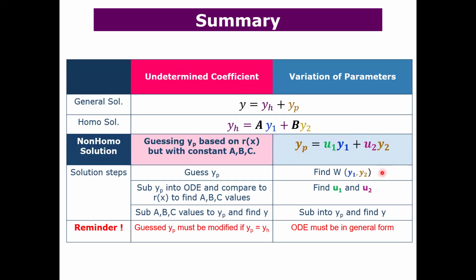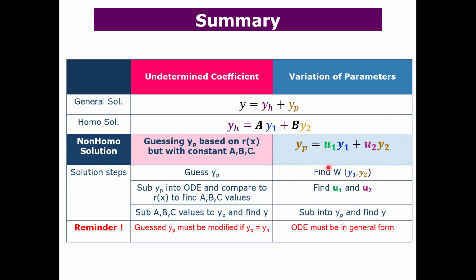For the variation of parameters method, a specific equation for yp is already there, so we don't have to guess. This is a specified equation: yp equals u1 y1 plus u2 y2. The first step to solve the ODE using this method is to find the Wronskian determinant of y1 and y2.